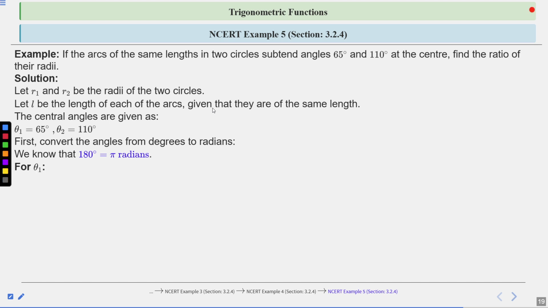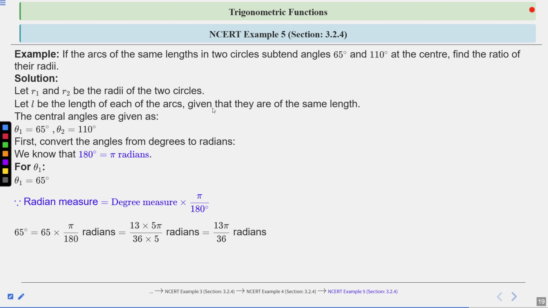For theta 1, so theta 1 is 65 degrees. Since radian measure is degree measure times pi by 180 degrees, using this formula, if you know your degree measure, you can easily get your radian measure. You just have to plug your degree measure into the right hand side expression in order to get the radian measure.